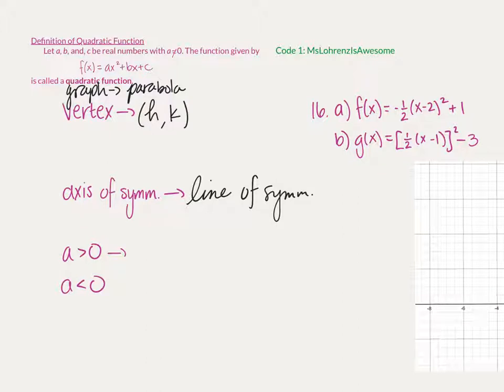And then lastly, this determines which way our graph is going to go. If a is greater than 0, so it's 1 all the way up to positive infinity, then this will open up. If a is less than 0, so it's negative 1 to negative infinity, this will open down on the graph.